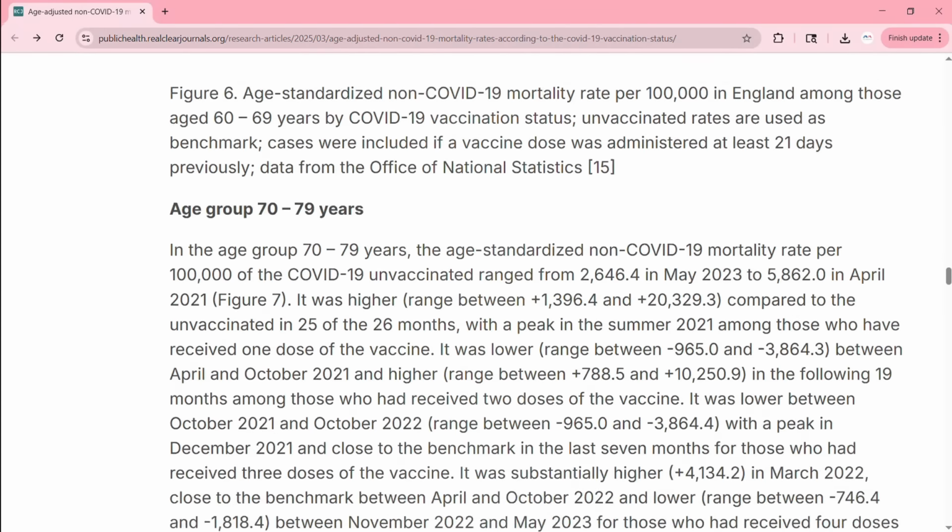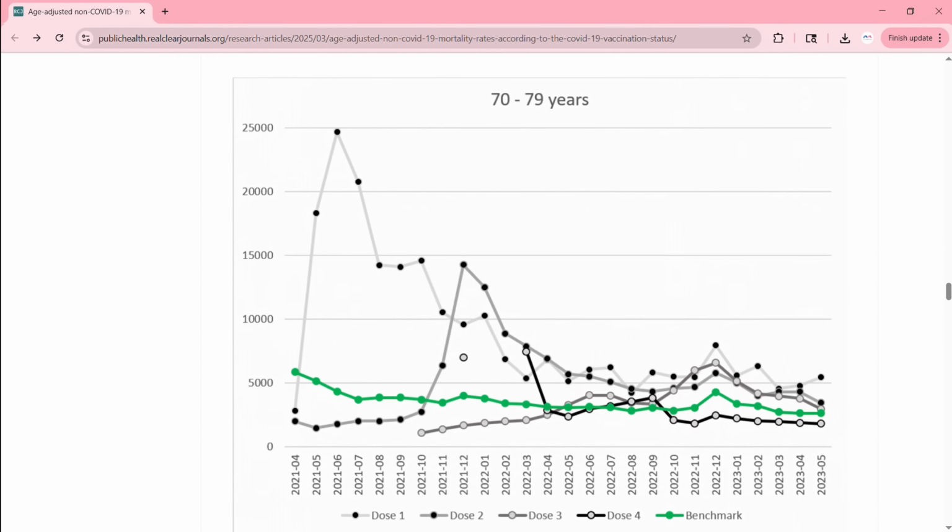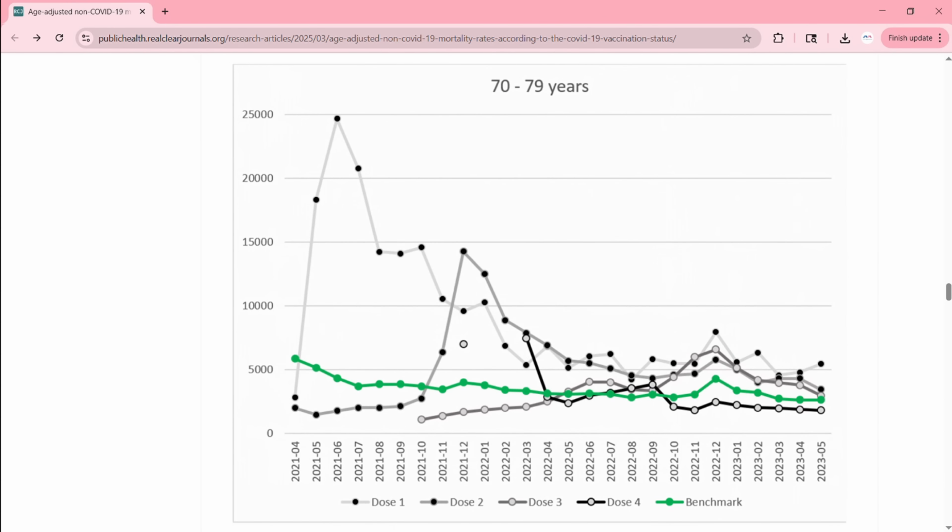70-year-olds, 1 shot, 25 months out of 26, mortality was always higher for those who took 1 shot over those who were never vaccinated. For 2 shots, it was 19 months out of 26. Mortality was higher for vaccinated with 2 shots over non-vaccinated. 3 shots, 13 months out of, I believe it was 20 months, the mortality was higher than non-vaccinated.